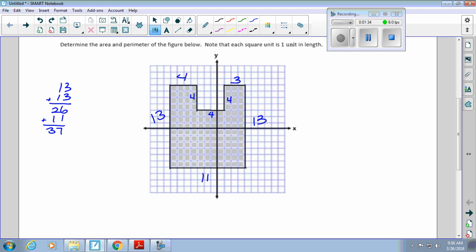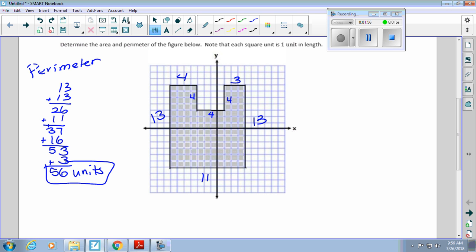And then I still have 4 of these 4s up top to deal with. So that's 16. I'm going to add that and get 13, carry the 1, I'm going to get 53. And then I still have 3 more that I have to add on. So I'm going to get a total distance around the outside of 56 units. So that is the perimeter, measured in units. Any questions on that?